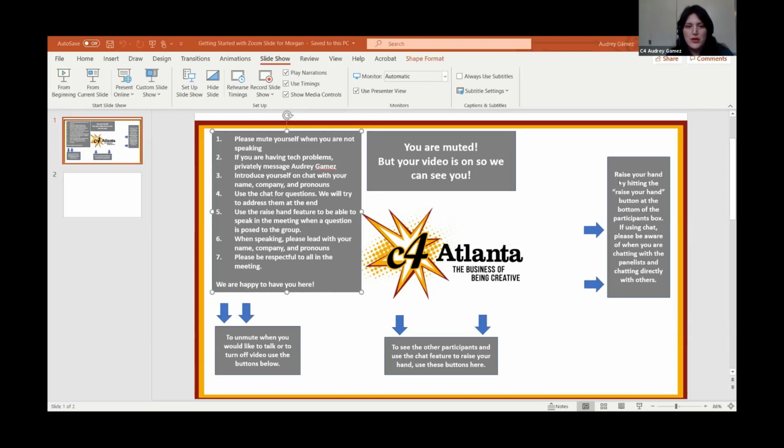And be aware of when you are chatting with each other privately. If you see your friend and want to say hi, be mindful of who you're sending the message to, so that you're not sending something to somebody that you don't want to. So just keep that in mind.